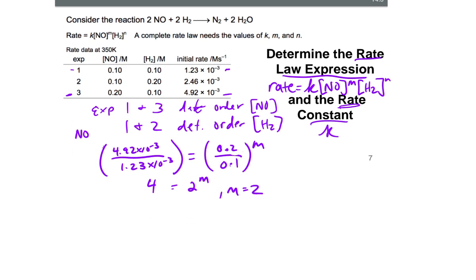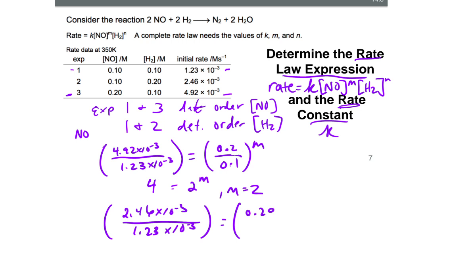And then for H2, we're going to use experiments 1 and 2. We'll do 2.46 times 10 to the minus 3 divided by 1.23 times 10 to the minus 3 equals, so that's from here and here, 0.2 divided by 0.1 raised to some power. We'll call that one n.